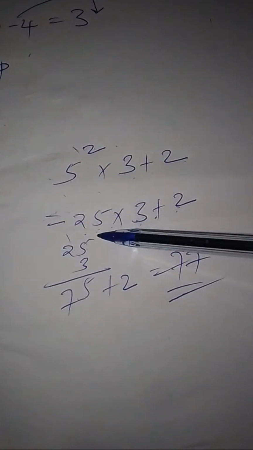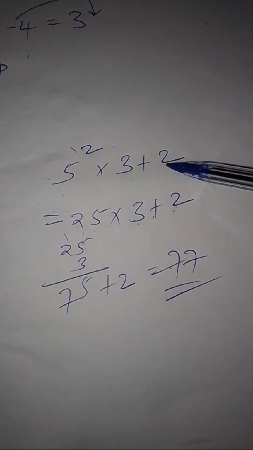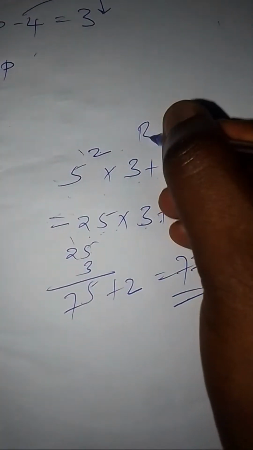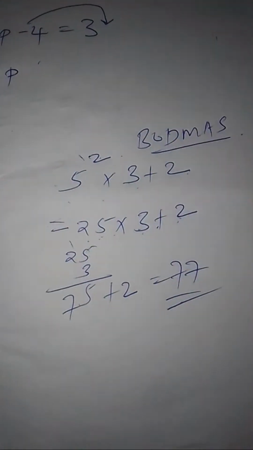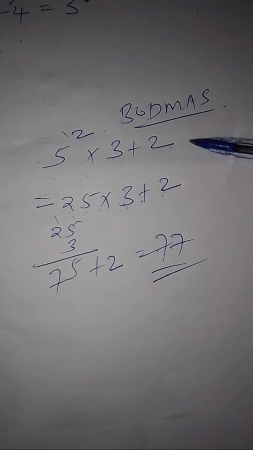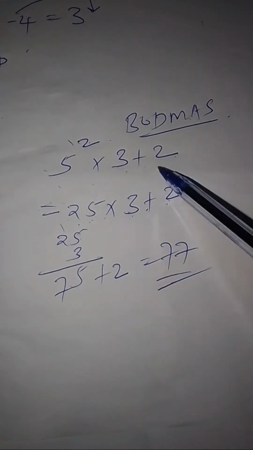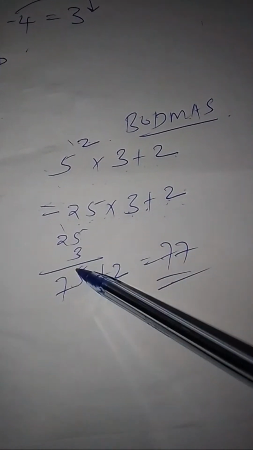So 5 squared is 25 multiplied by this 3 add to 2, because we are following what is called the BODMAS. That is what we are following. So we square it, then we multiply first before the addition sign. That's why now we are taking 25 multiplied by 3.